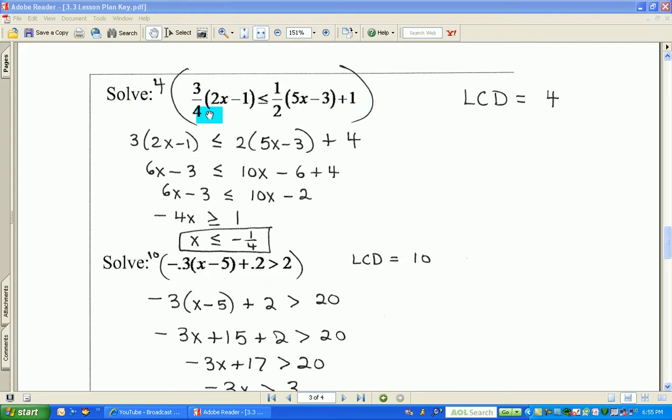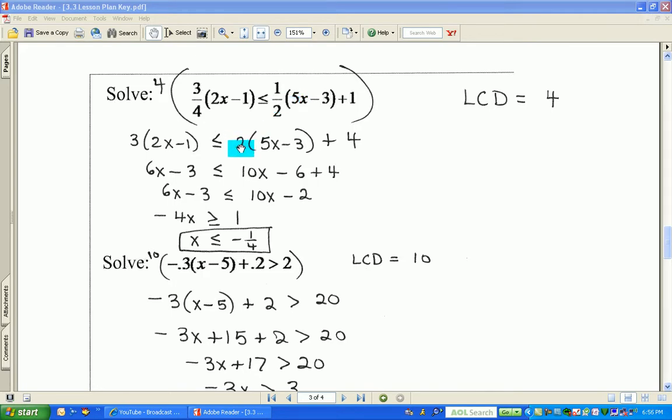So follow me. When I take the first term and multiply by 4, which is 4 over 1, the 4's cancel, and I distribute the 3. 3 times the quantity 2x minus 1 becomes 6x minus 3. The bubble's removed. When I go to this term, 1/2 times the bubble, 5x minus 3, and I multiply by 4, which is 4 over 1, 2 goes into the 4 twice.